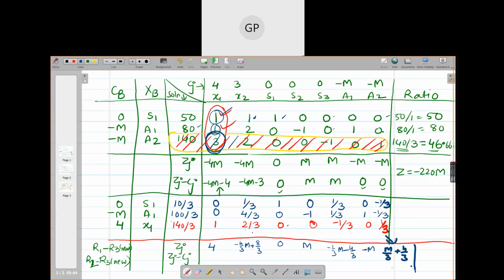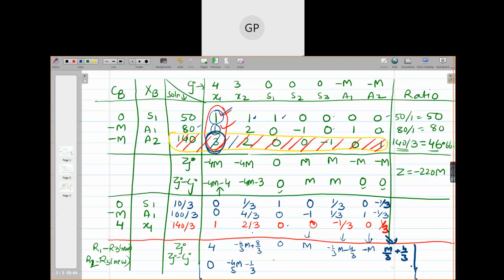ये इसका है, और ये इसका है. Okay. Now Zj minus Cj: 0, 0, minus 4/3 M plus 8/3 minus 3. So that is minus 1/3, I guess.